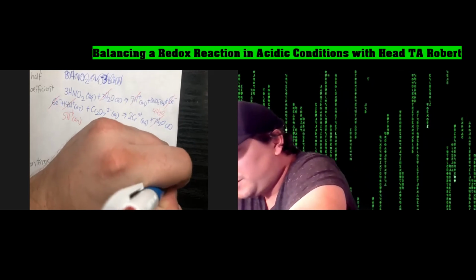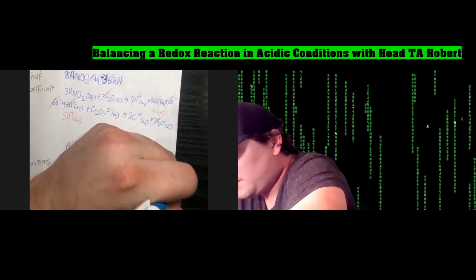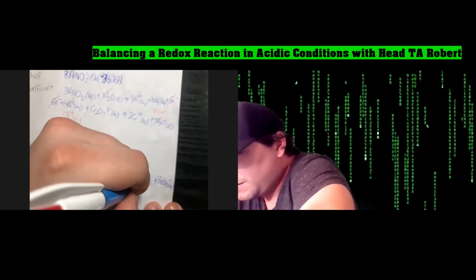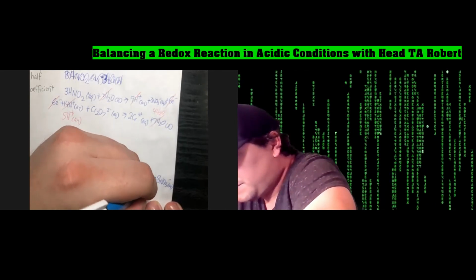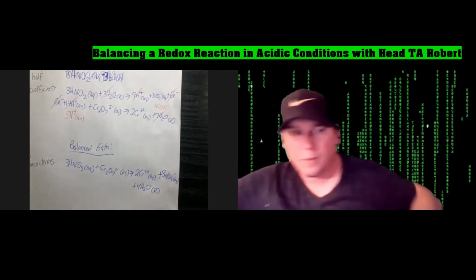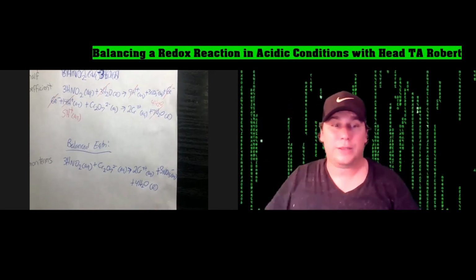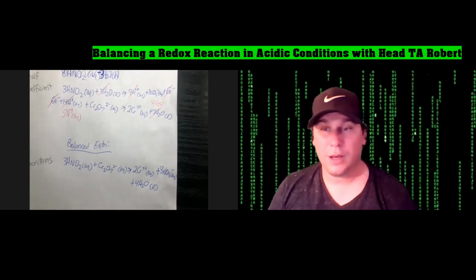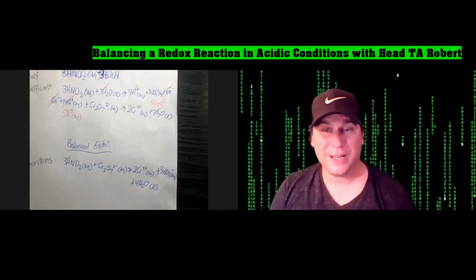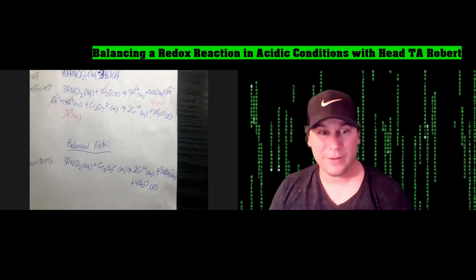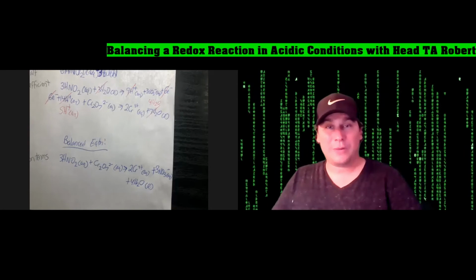Plus, I'm running out of room here. There we go. So that's our balanced equation. And notice nothing that was crossed out made it down there. Everything else did. So I hope that was helpful.